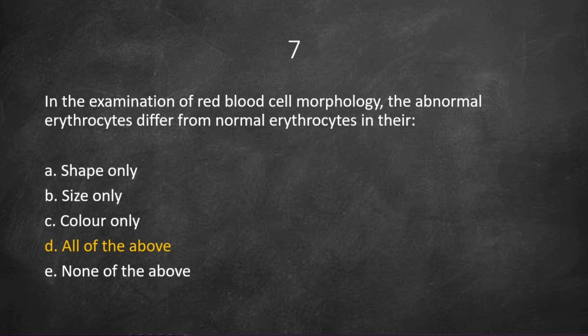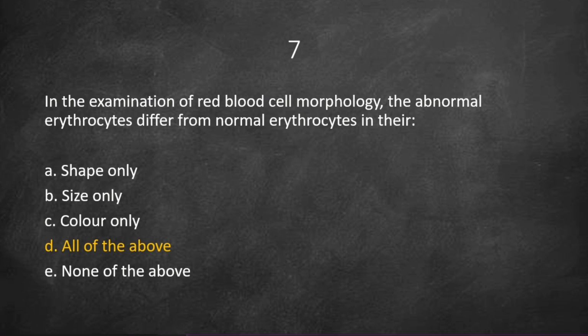For a normal looking red cell, you would see the typical biconcave disc shape. But if it's abnormal, let's say in the case of sickle cell, you see that the shape is different. You may see sickle shapes. So the shape is a very important feature in distinguishing between normal and abnormal erythrocytes.